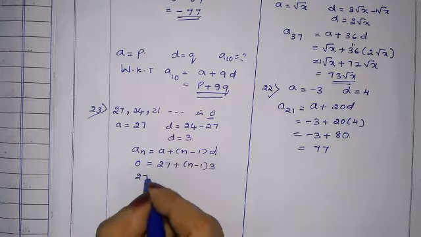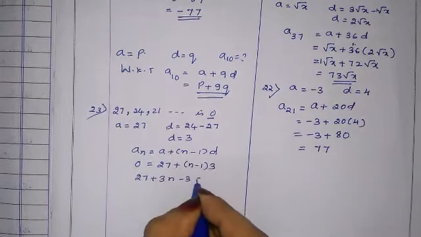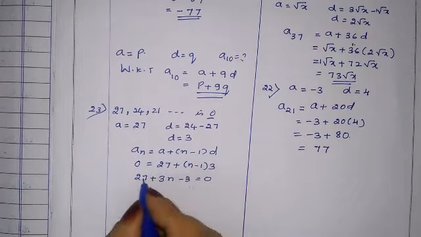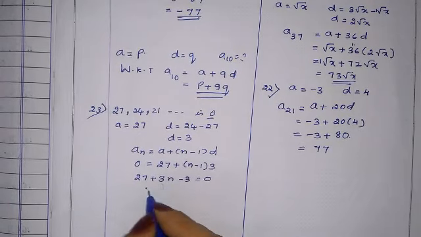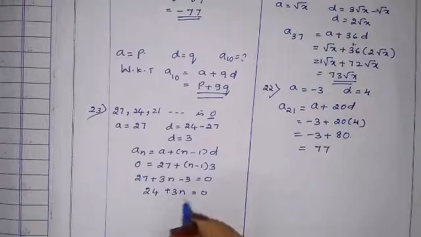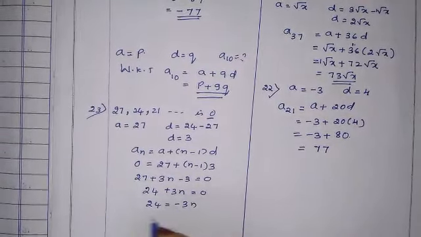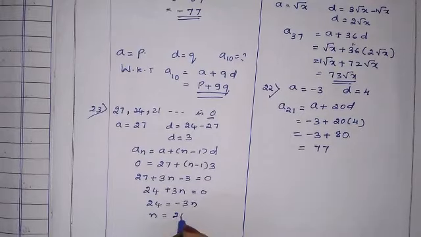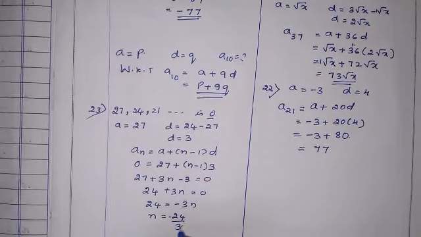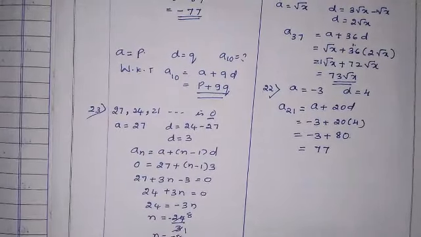So 27 plus 3 into n is 3n minus 3 is equal to 0. 27 minus 3, 24 plus 3n is equal to 0. 24 is equal to minus 3n. n is equal to 24 upon 3. 3 ones are 3, 3 eights are 24. n is equal to minus 8.